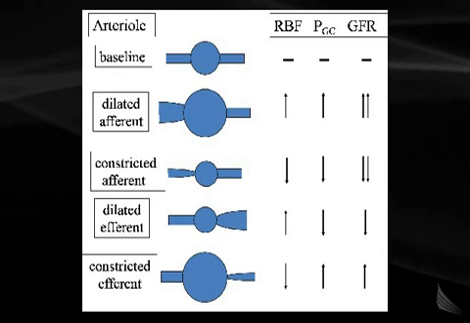One way to conceptualize this is to think of a garden hose connected to a faucet with millions of holes punched in the garden hose before the other end. Think of the mouth of the garden hose attached to the faucet as the afferent arteriole, and the mouth of the garden hose that is open on the other end as the efferent arteriole.